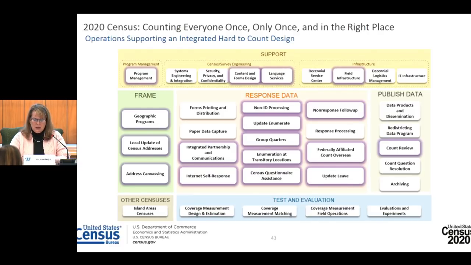Other operations not highlighted may also support our efforts to enumerate the hard-to-count, but to a lesser extent. For example, systems engineering and integration provides the systems, software, and applications used to collect our census response data. Over the next few slides, we'll touch on each of these operations highlighted in purple and share a high-level look at how each supports hard-to-count populations.